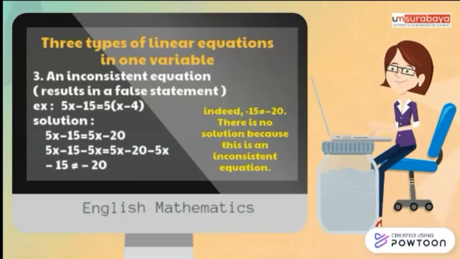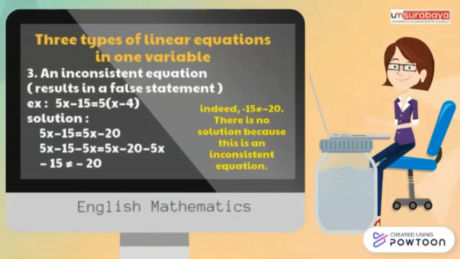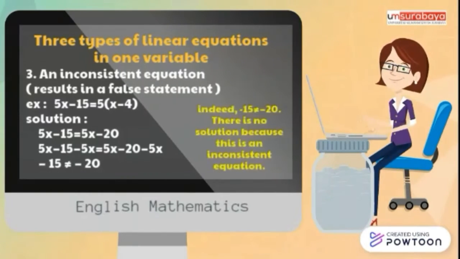Third, an inconsistent equation. An inconsistent equation results in a false statement. For example, if we are to solve 5x minus 15 equals 5 quantity x minus 4, we have the following. 5x minus 15 equals 5x minus 20.